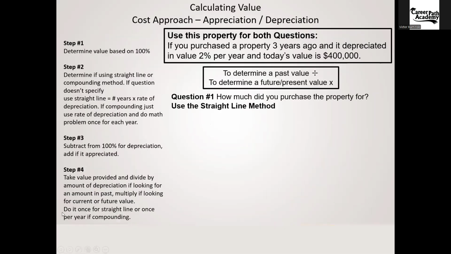So this is how that would be put into play. Here's a problem for you. If you purchased a property 3 years ago and it depreciated in value 2% per year, and today's value is $400,000, how much did you purchase the property for? Is it trying to ask you to figure out a past value or a current or future value?